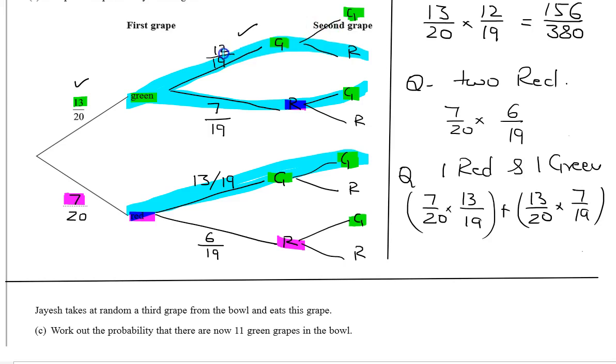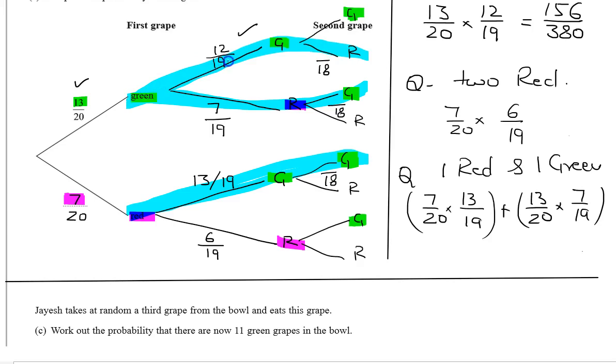Now in this, another grape has been taken, so the remaining grapes will be 18. This is 20, this is 19 and 18, 18 and 18. Now green has been taken, so green is 12, another green taken, but now red is taken.